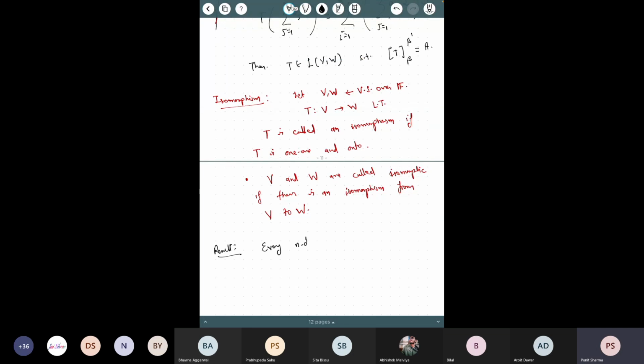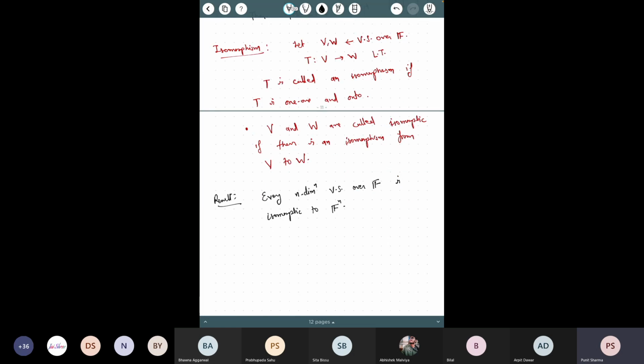Every n-dimensional vector space over F is isomorphic to F^n. Now if you want to prove this, how would you do that? Can you quickly tell me the idea here?